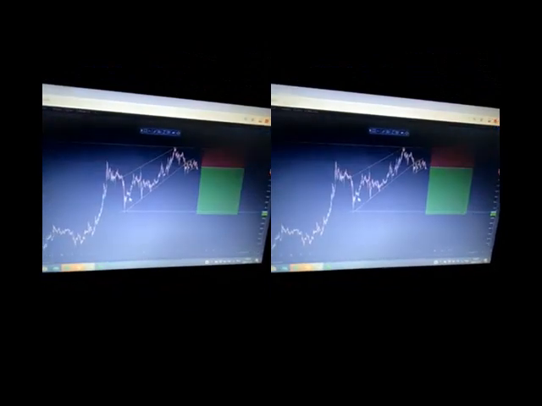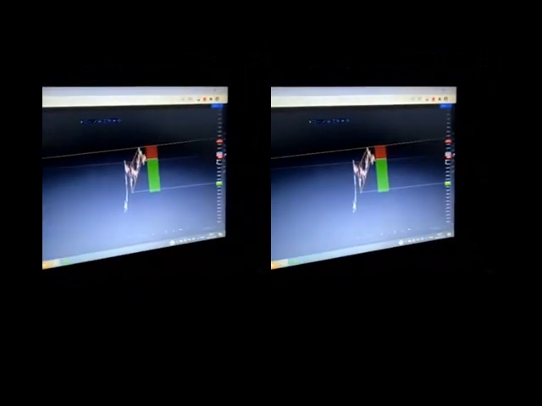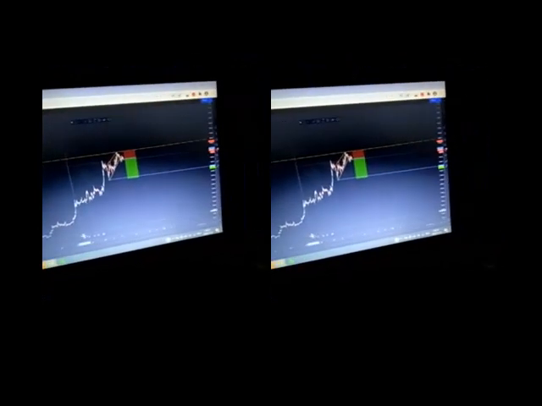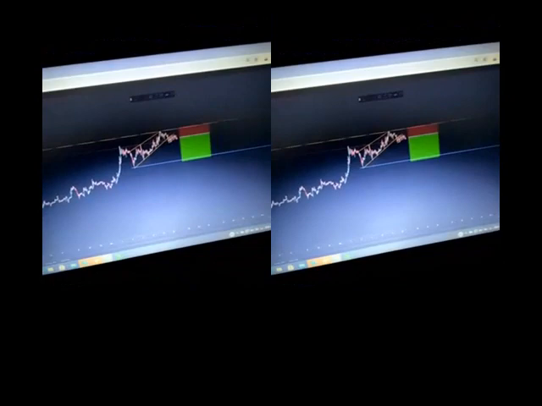It's a great setup. You see, guys, how it goes. So this one, guys, you can just check how it is.